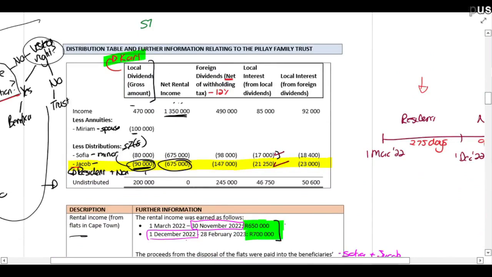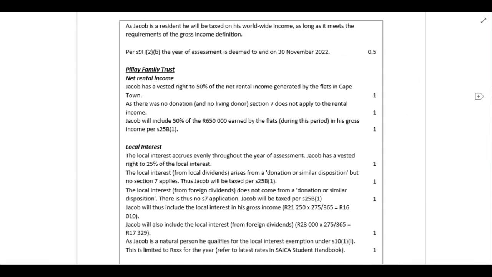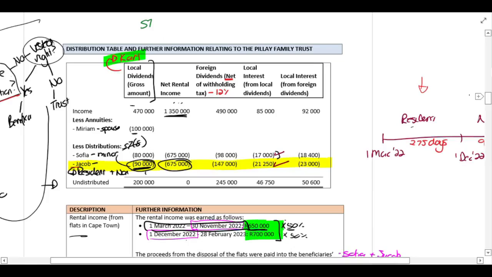So he's entitled to 50% of the 650, which is for this period which we are looking at, and then he's entitled to 50% for the next period. So what happens to that 650,000? That period will be taxed in his hands. He's a resident, earned it from the trust. Section 25B applies, so he'll be taxed on the 50%. Easy as that.